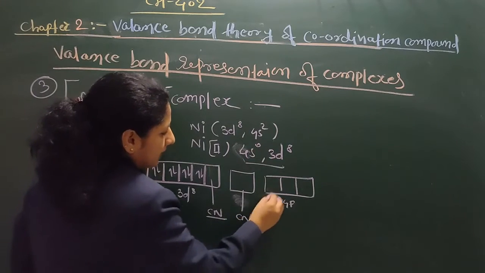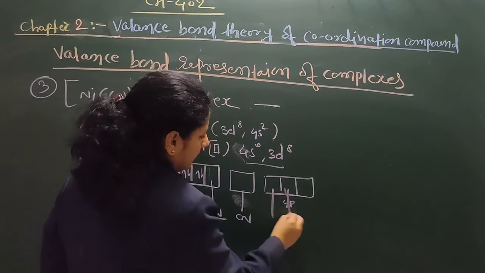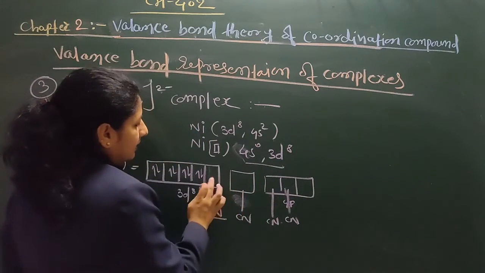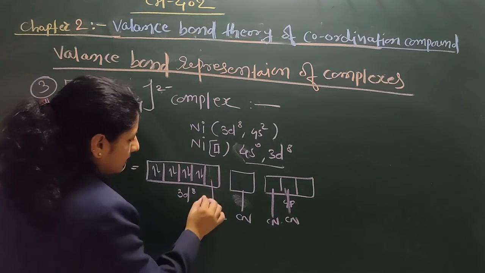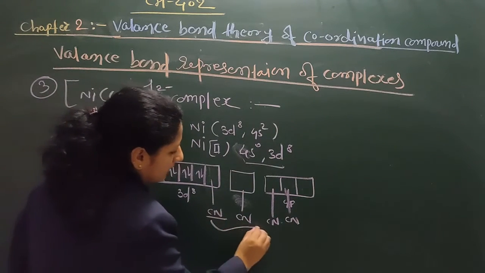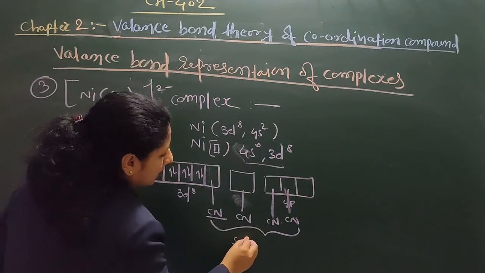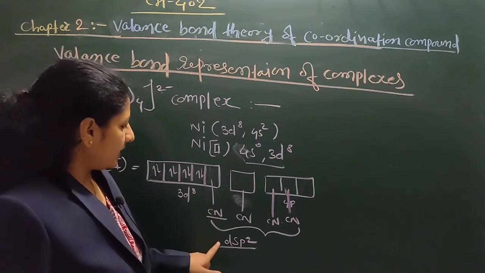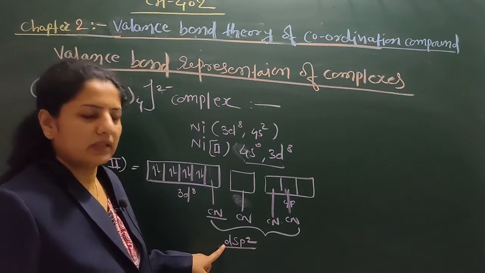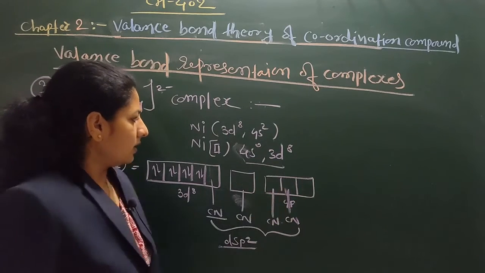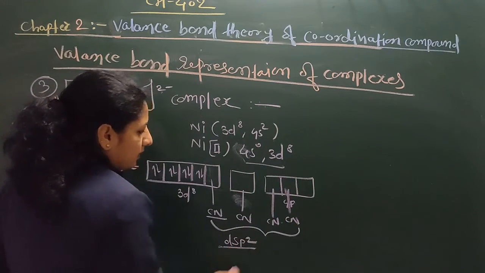So that is cyanide, here also cyanide and cyanide. It means the hybridization is dsp2 hybridization, because one d orbital is used along with s and p. So that is dsp2 hybridization.